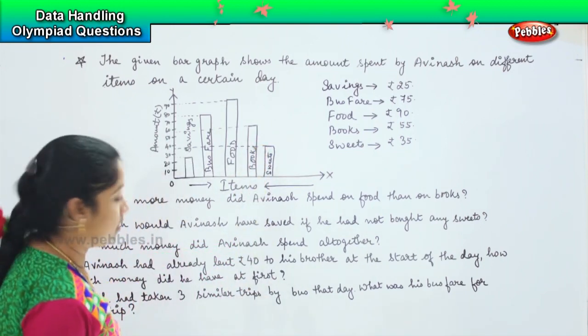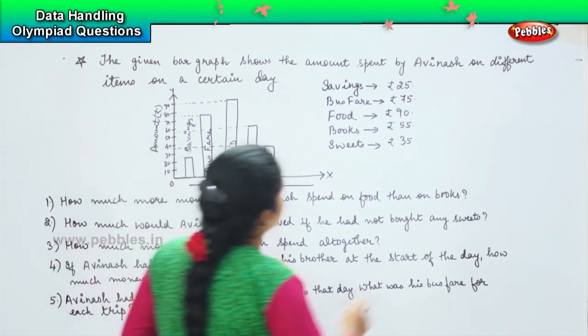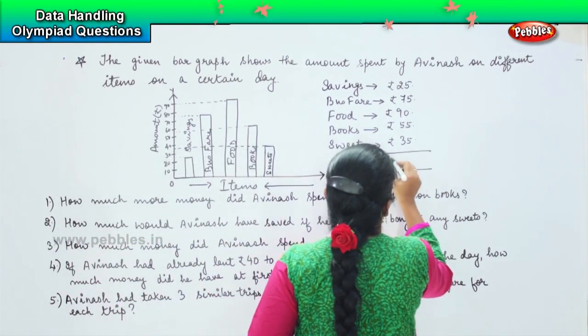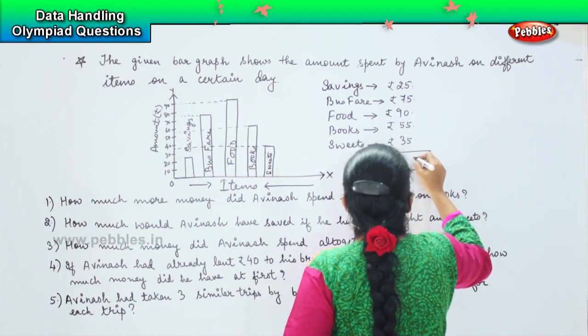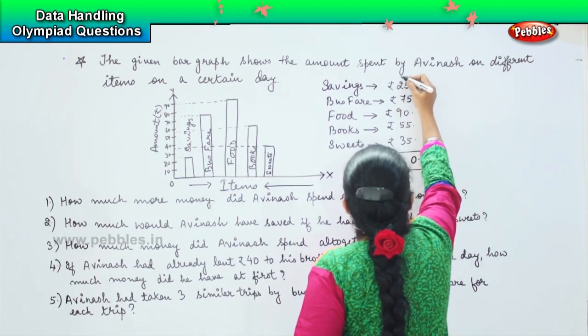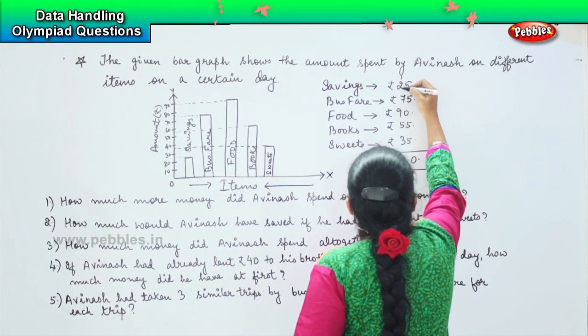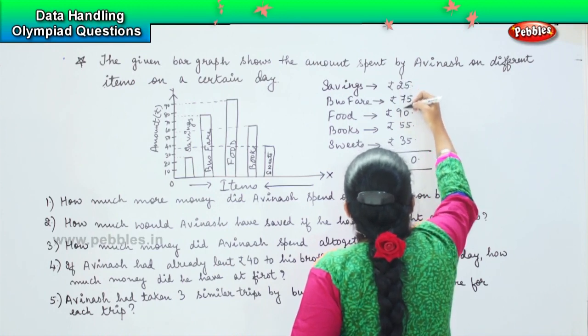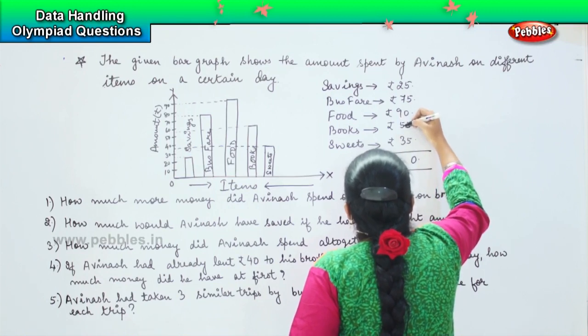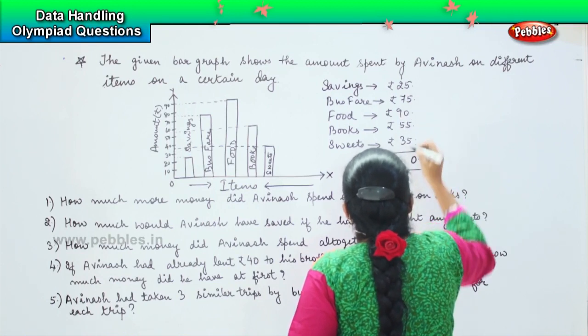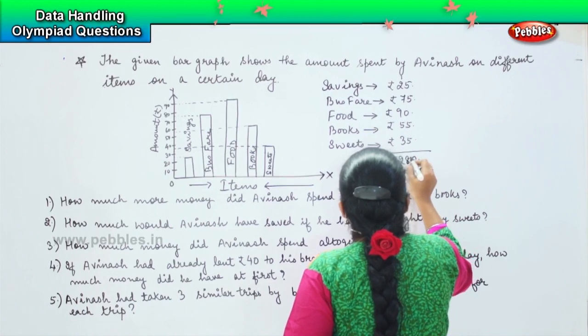Fine. So now first we will calculate the total amount of rupees spent by him that day. 5, 10, 15, 20. So 2 plus 2 is 4, 4 plus 7 is 11, 11 plus 9 is 20, 20 plus 5 is 25, 26, 27, 28.